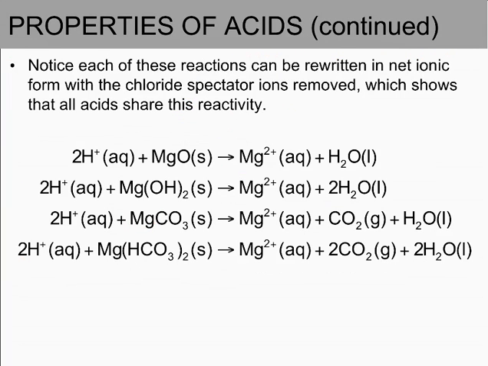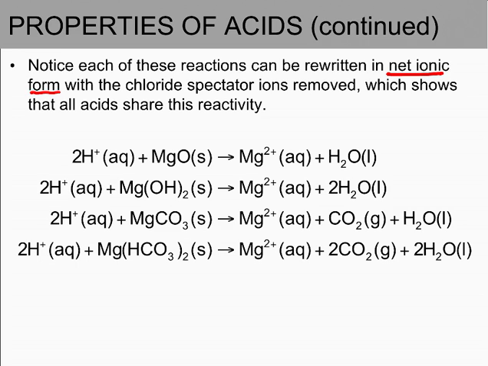Notice that each of those reactions we just went through can be rewritten in their net ionic forms. What that means is we're going to remove all of the chloride ions, which are spectator ions. That means they're not really forming a product, they're just hanging out.